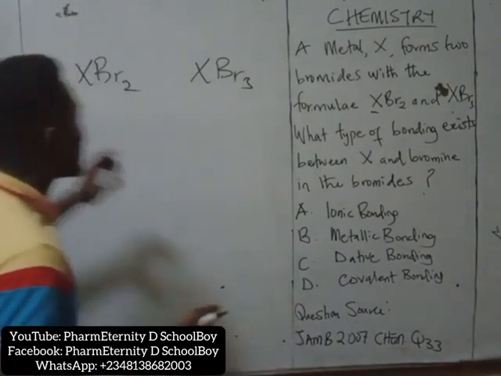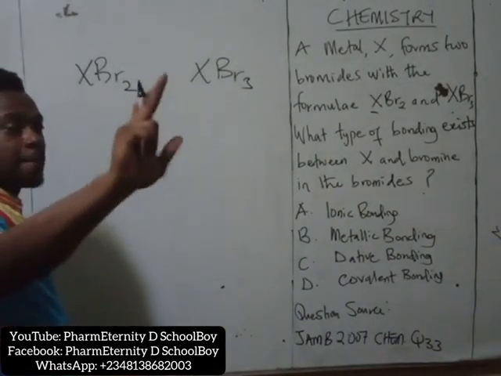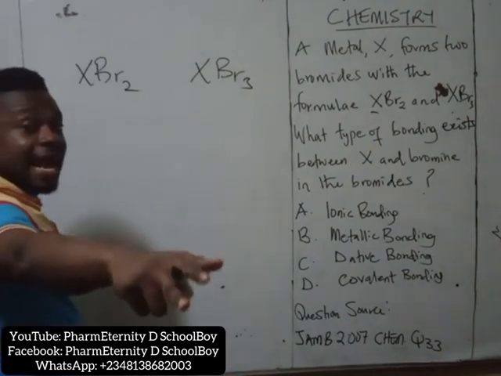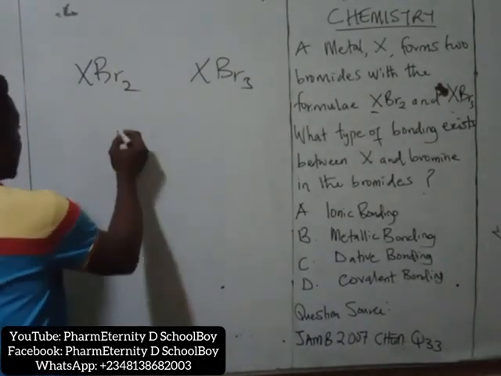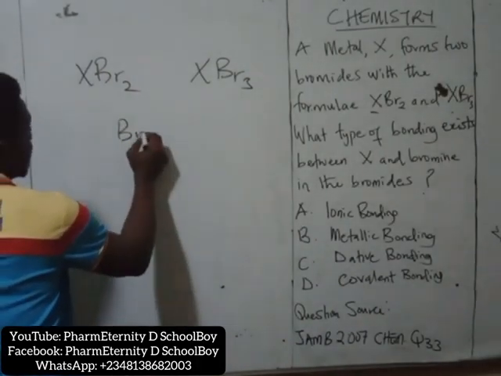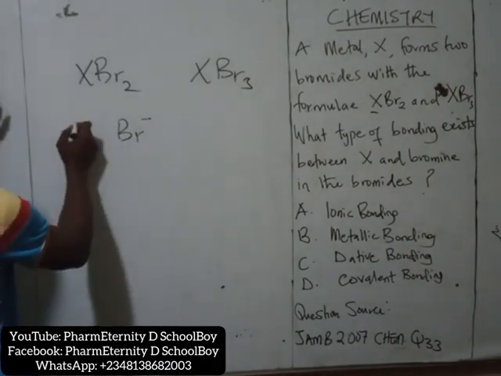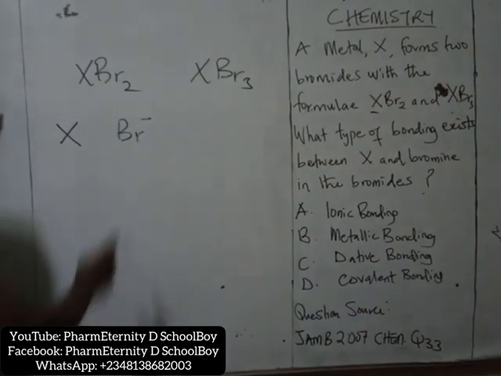So we have something like this. Of course, we all know that halogens in ionic form have something like this, the bromide ion in ionic form. While X is a positive ion, the bromide ion is a negative ion.